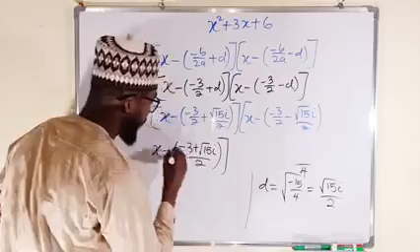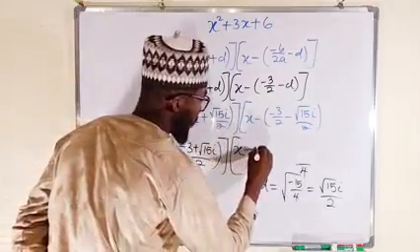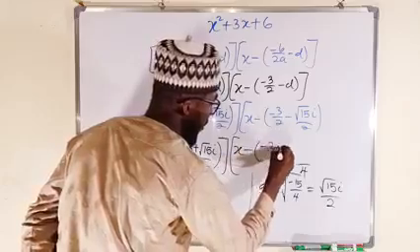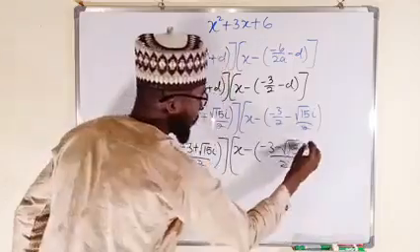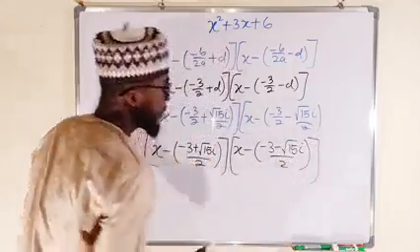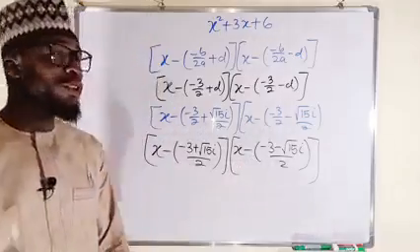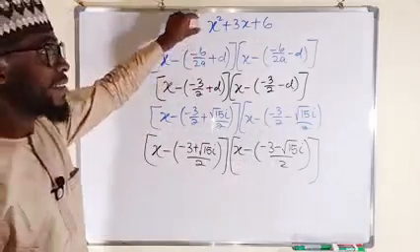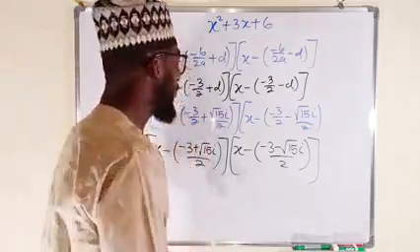Then the other factor is x minus negative 3 negative root 15i divided by 2. These are the factors. Once you take these two factors, you multiply them together, you have to get this quadratic function. Let me take the second to the last question.